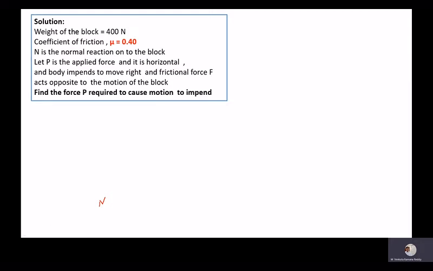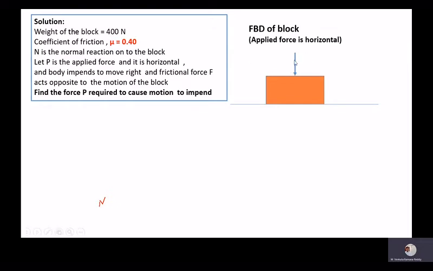Now we'll draw the free body diagram. Say this is the surface, and on this surface, the block is positioned. As we know, the weight always acts vertically down, that is perpendicular to the ground.